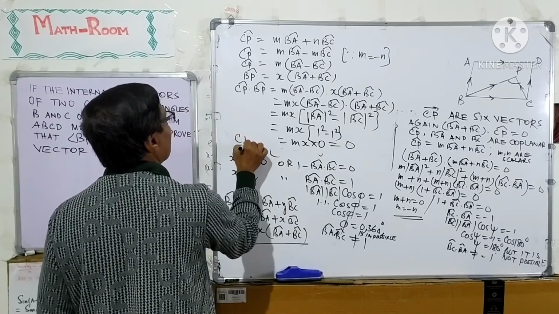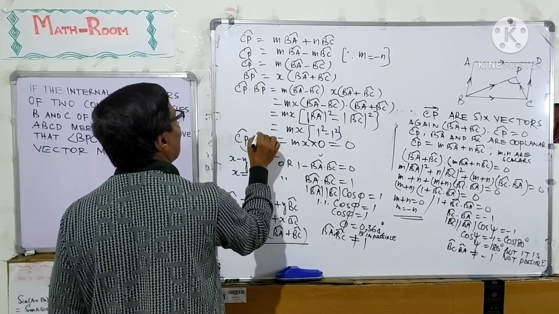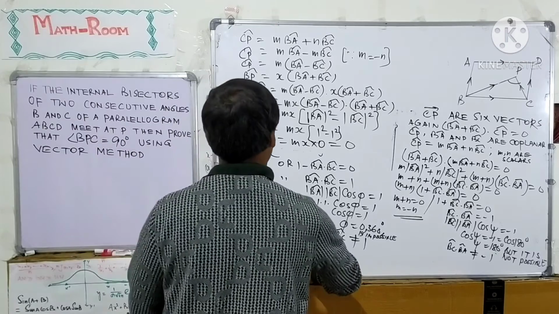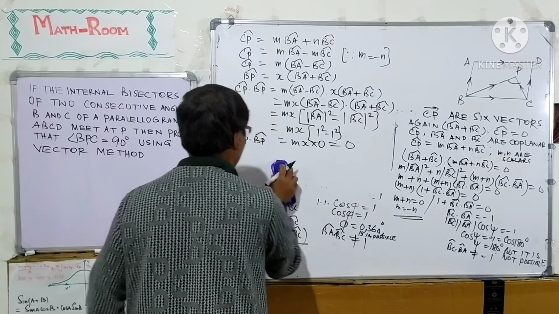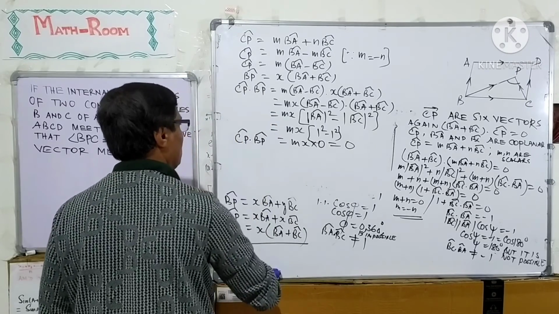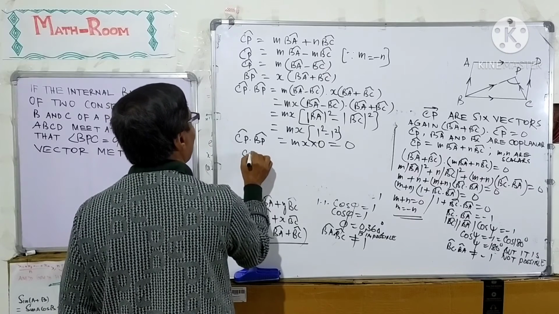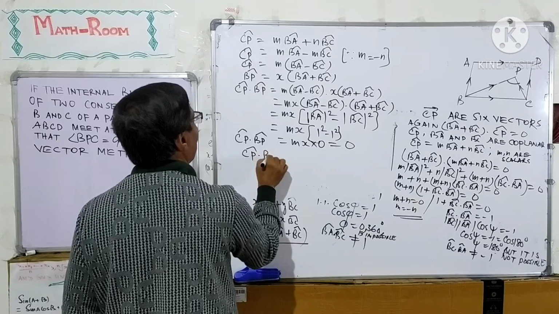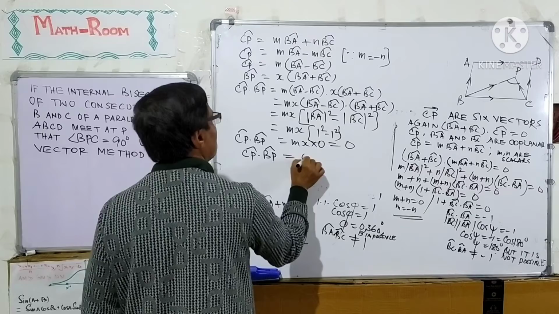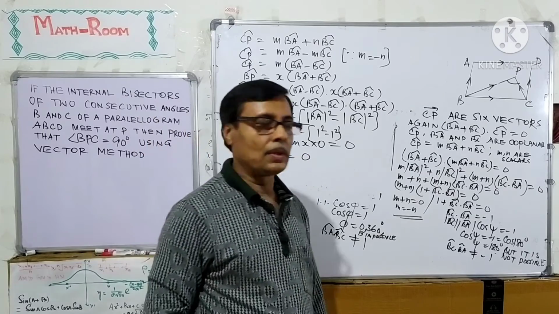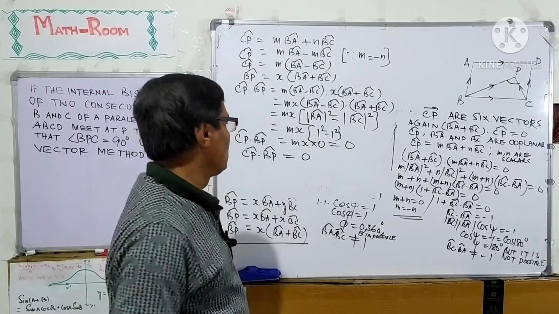CP cap dot BP cap equal to 0. So, we have got the dot product of CP cap and BP cap equal to 0, that is unit vector CP dot unit vector BP equal to 0.